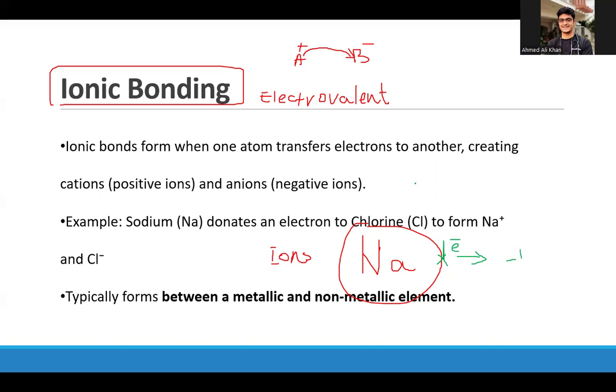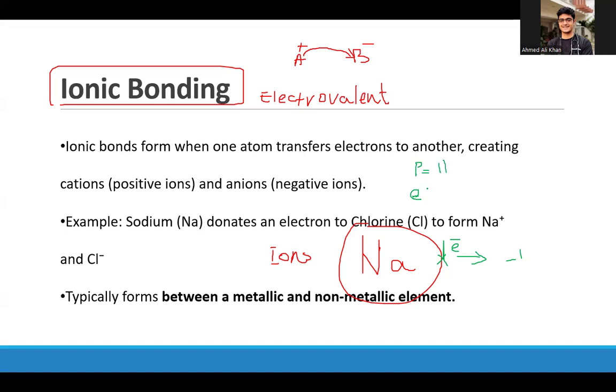Normally when atoms are in their natural state, they're neutral, which means they have an equal number of protons and electrons. Protons are positively charged. So how many protons are there in sodium? 11.